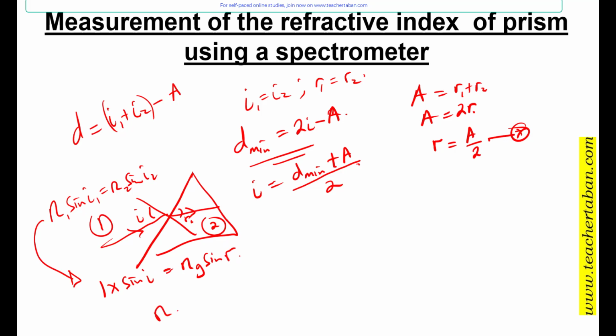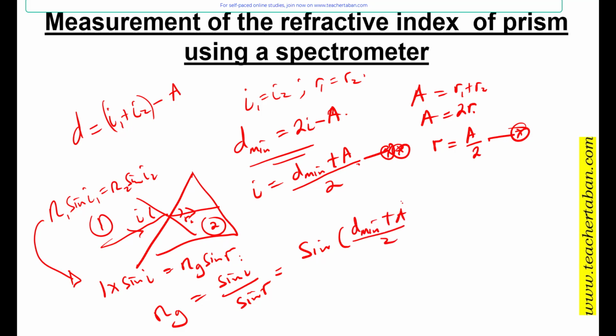So making n_g the subject of the formula, we shall have sine i over sine r. And substituting our equations, double star and star, we shall simply have sine of (D min plus A) over 2, divided by sine of A over 2.